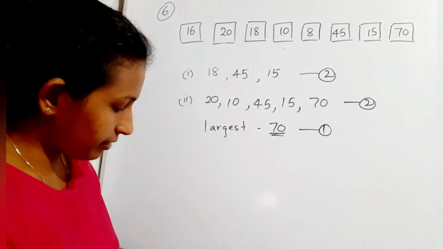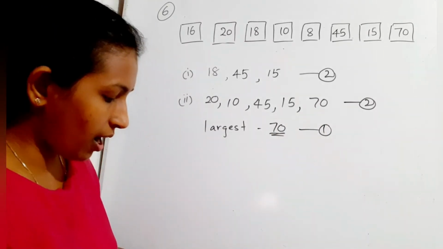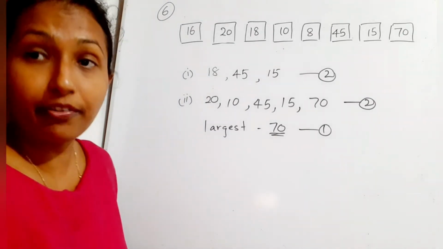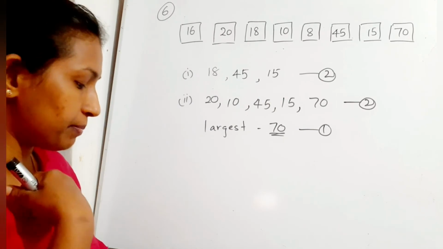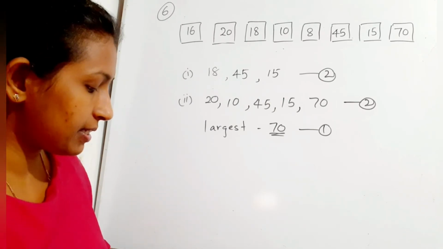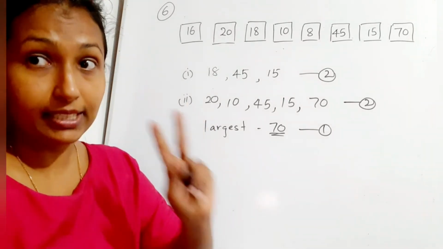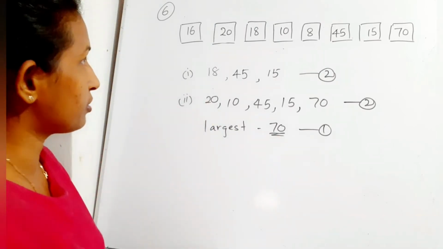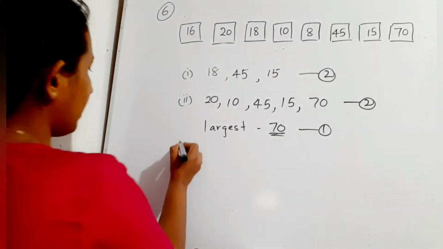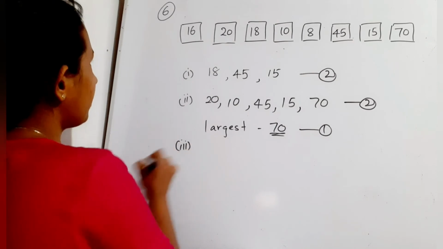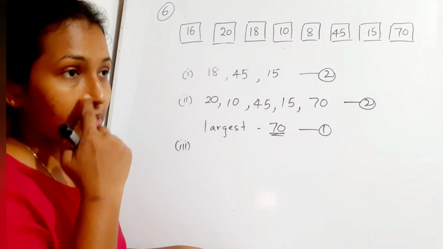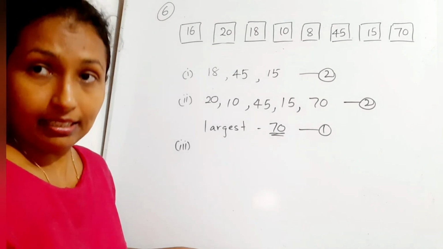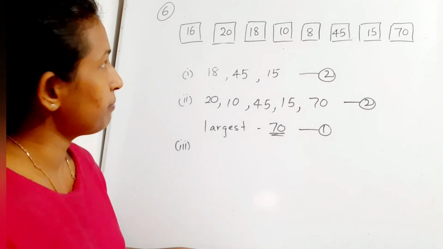Then the third part, write down 3 numbers which are multiples of both 5 and 10. There should be multiples of both 5 and 10. What are they? That means all those numbers should be divisible by 5 and 10 without a remainder.